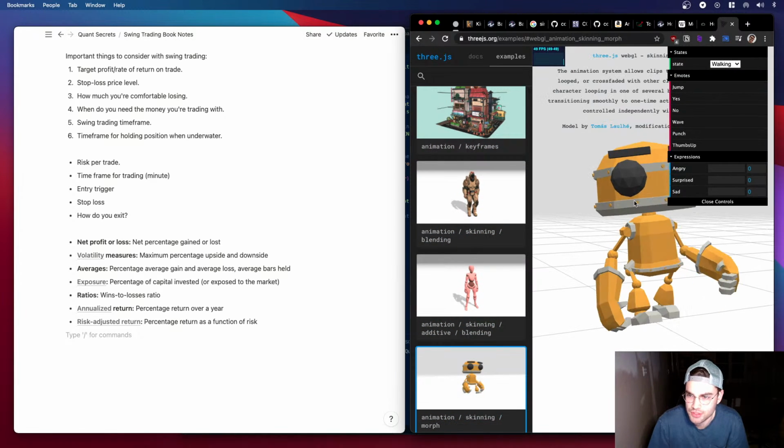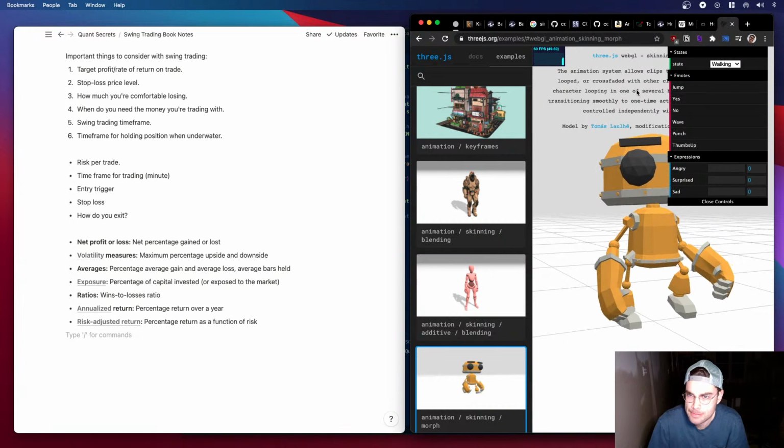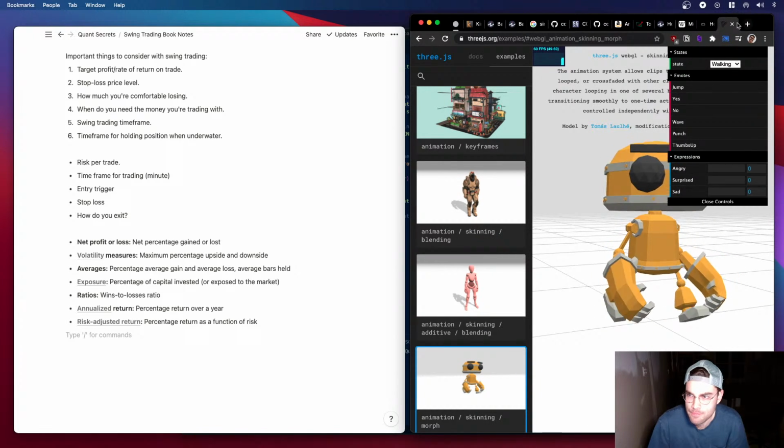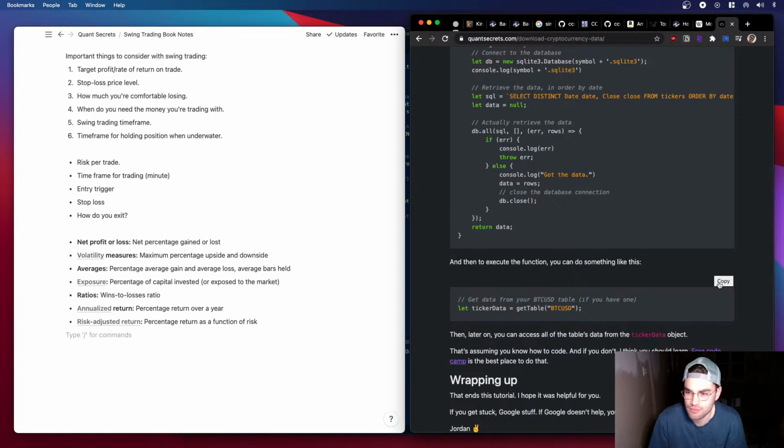Wow, this stuff is crazy. Three.js is nuts.